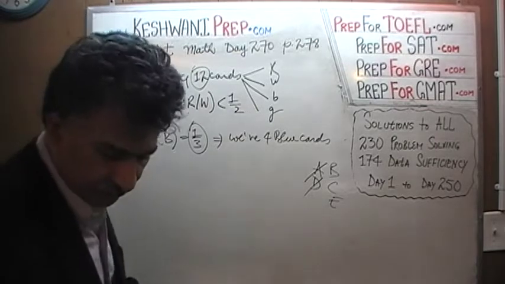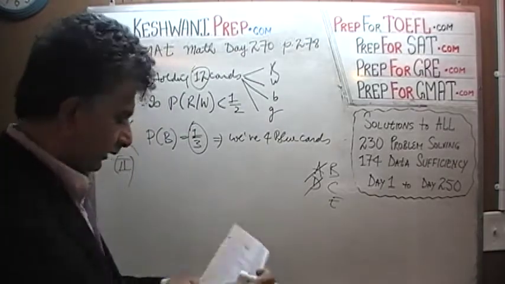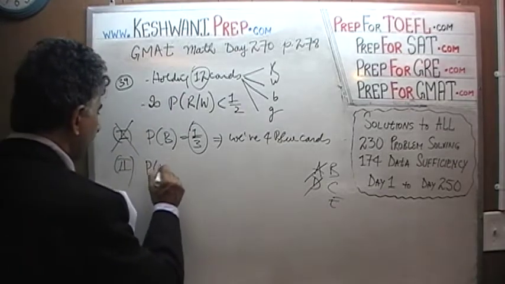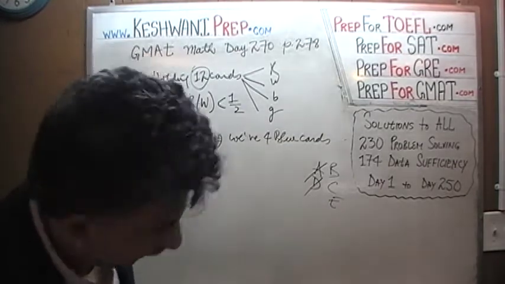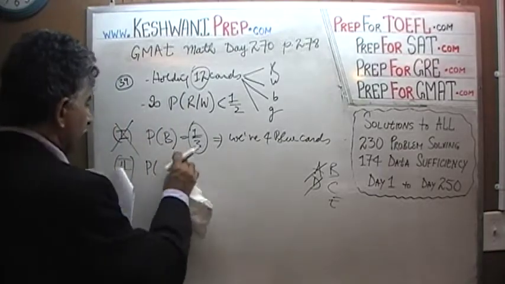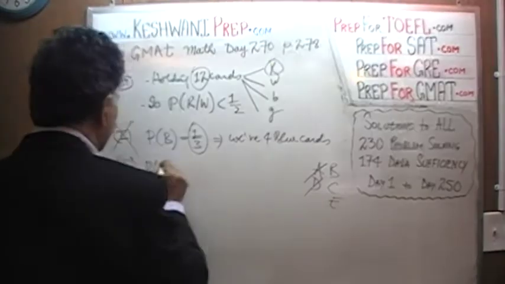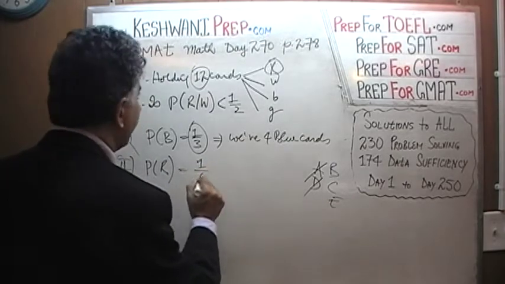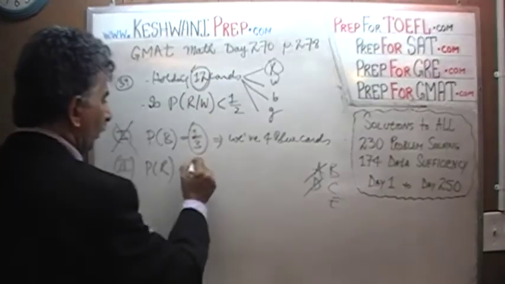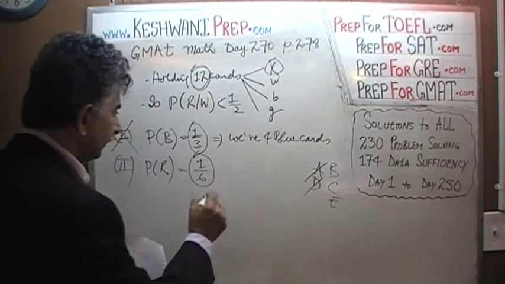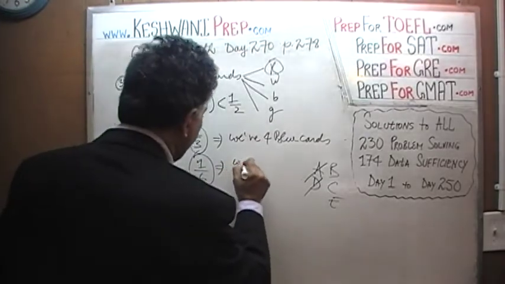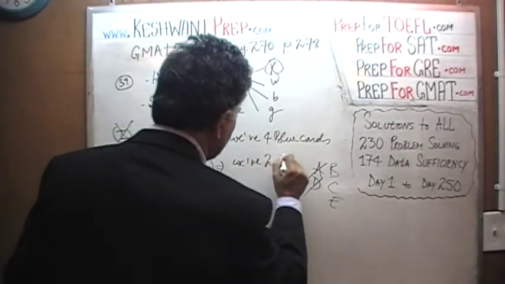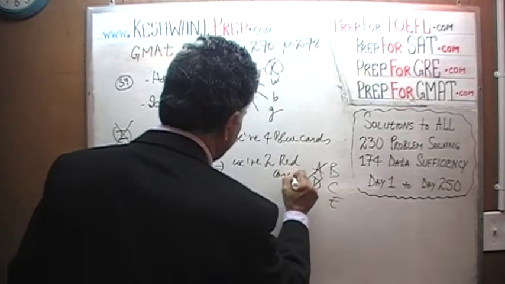Statement number 2 tells us that the odds of picking a red card, let's use capital letters, is 1/6. Again, because there are 12 cards, 1/6 of 12 is 2. That tells us that we have 2 red cards.